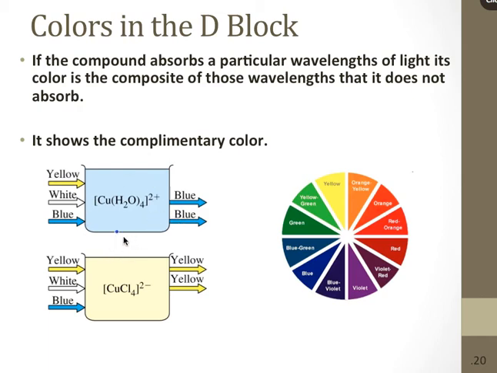So if light comes into this, a complex ion that we'll talk about, a copper complex ion, and it absorbs yellow and white, it's going to give off blue light. And same here, absorbing blue gives off yellow. I would have thought that that was opposite.